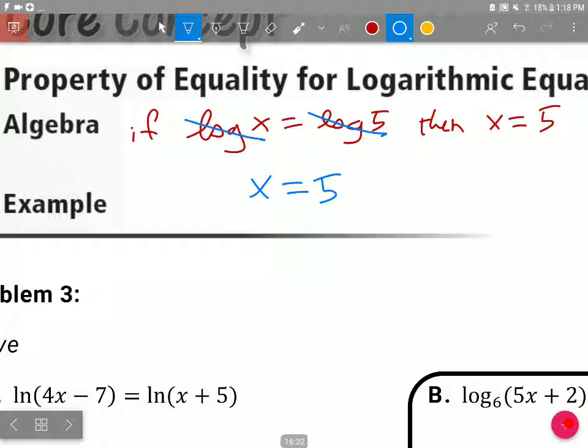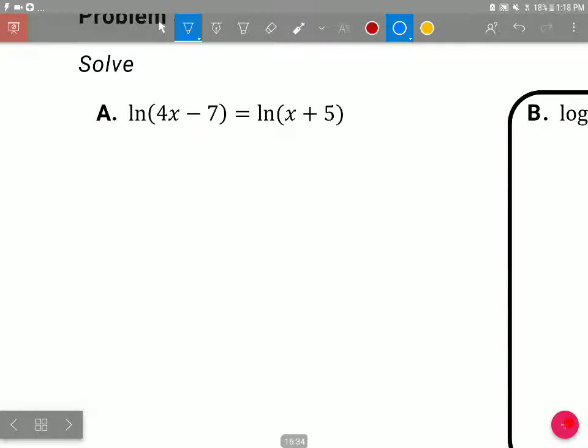So letter A. Do we have the same log on both sides? Is there some other random term being added out there? No. So let's just cancel them out. 4x minus 7 equals x plus 5. And solve. Which way do you want the x's to go, to the left or to the right?